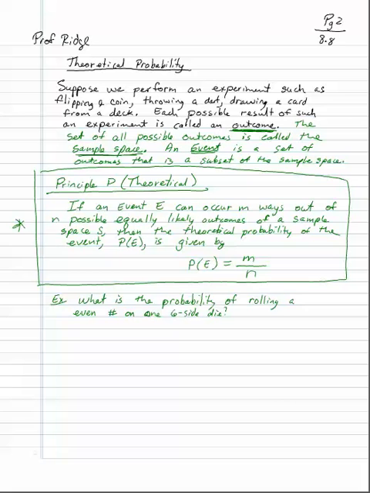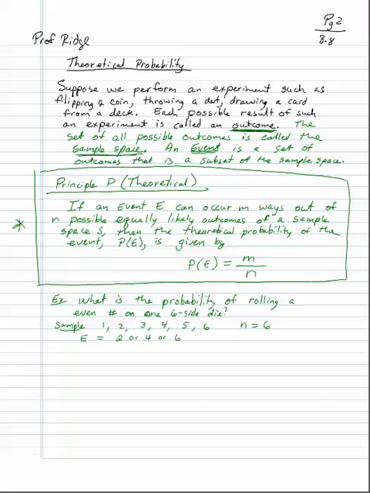Here's an example. What's the probability of rolling an even number on one 6-sided die? Our sample space is you can get a 1, a 2, a 3, 4, 5, a 6. So n is going to be equal to 6. And our event E is going to be getting either a 2 or a 4 or a 6.